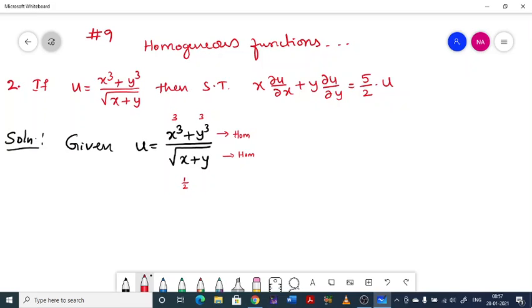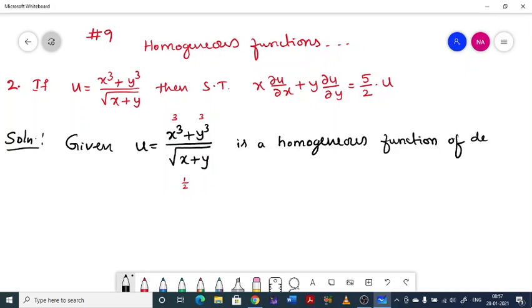Given u equals x cube plus y cube divided by square root of x plus y is a homogeneous function of degree, what is the degree? You have to take the degree in the numerator minus the degree in the denominator. 3 minus 1 by 2 means 6 minus 1 divided by 2, that is 5 by 2.